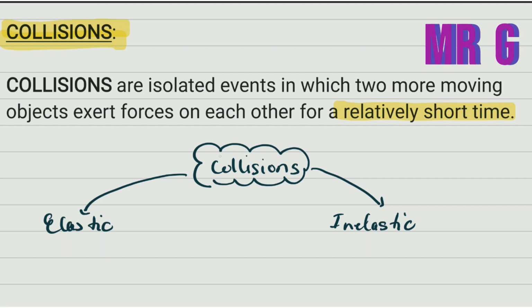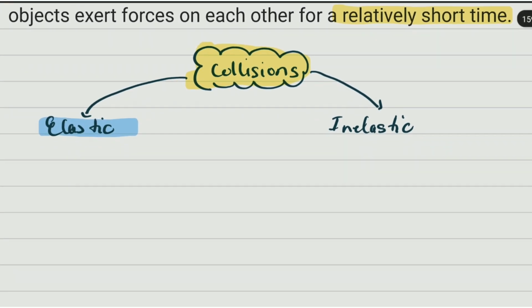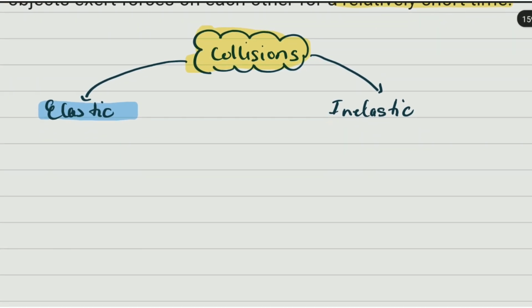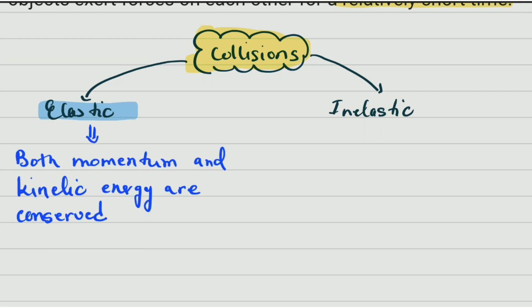A collision is going to be elastic when both momentum and kinetic energy are conserved. So we said that an elastic collision is when momentum and kinetic energy are both conserved.